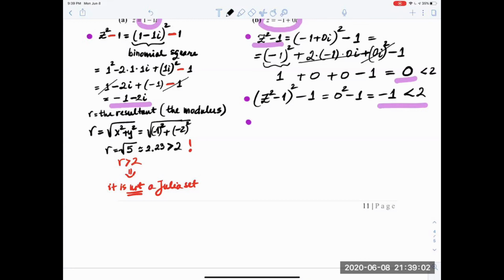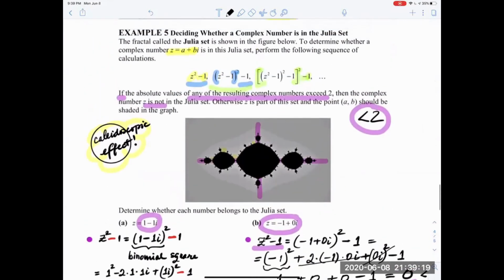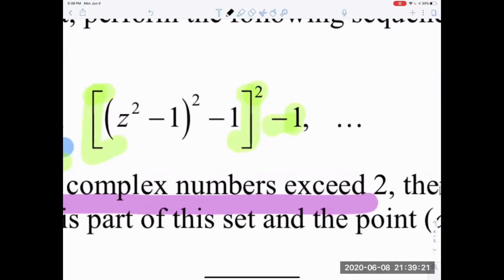That means I can continue. So I'm going to take again my original number, z squared minus 1, all squared, and then minus 1 is the number above, right? All squared, just like so. And then minus 1. I'm in step 3 right here. So I'm doing this part right here.